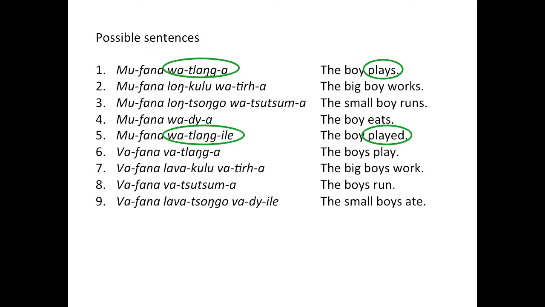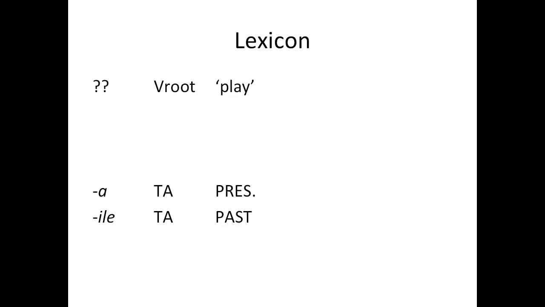So, we can make a hypothesis and start to build our lexicon. We can propose that a is a suffix indicating present tense and ile is a suffix indicating past tense. We can't really make a hypothesis yet about whether it is wa or tlang that means play, and whether it is mu or fana that means boy.